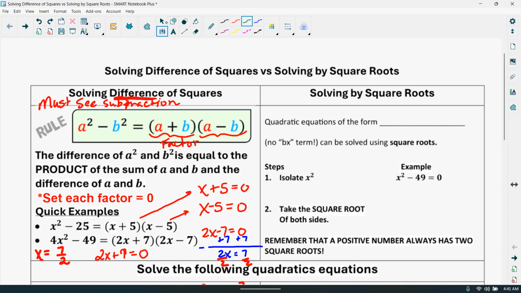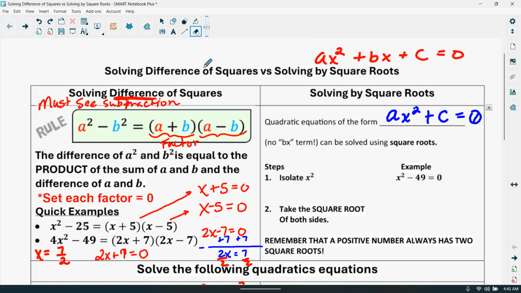But another way, and sometimes what you're going to be given is a quadratic without a b. So we use solving by square roots when it's in this form: ax squared plus c equals 0. Normally when we have standard form, I'm just going to recap that, we have ax squared plus bx plus c equals 0.